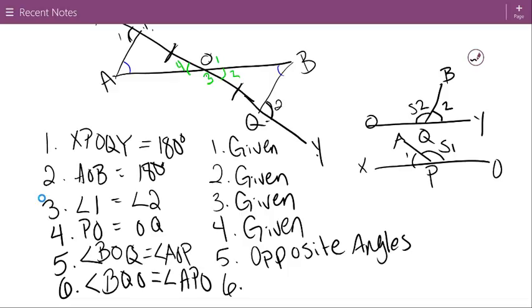And again, this is where it's really helpful to have all those postulates in your head, because I know that's the reason. Now I need to look for a postulate that proves that.